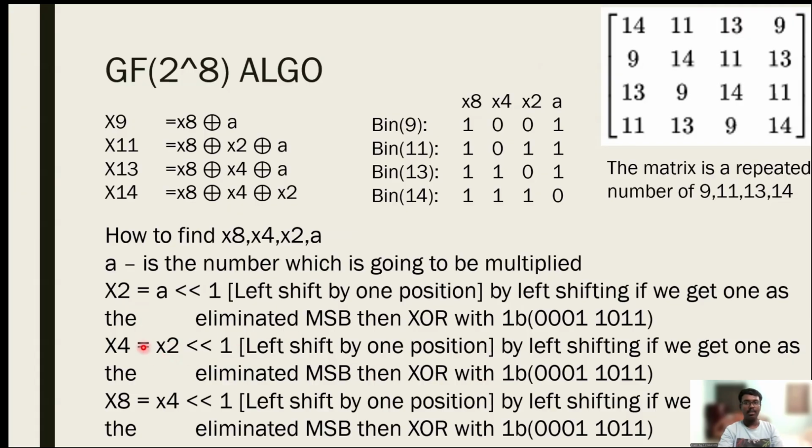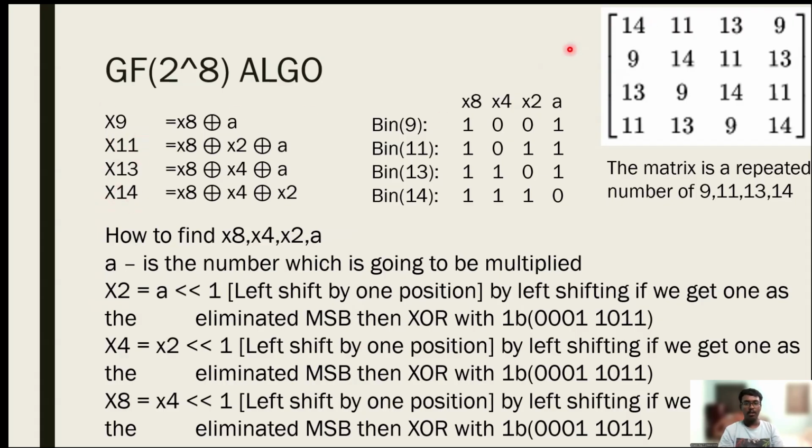Then we left shift again to get x8, same as before but with a changed input. We find this for the one number we are going to multiply, which is multiplied with all these four numbers.